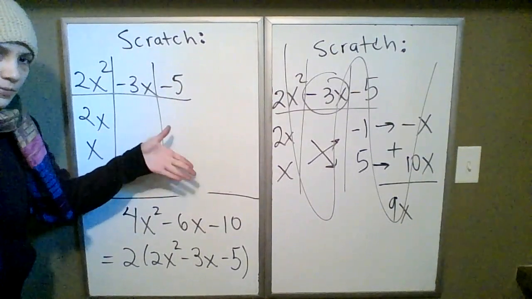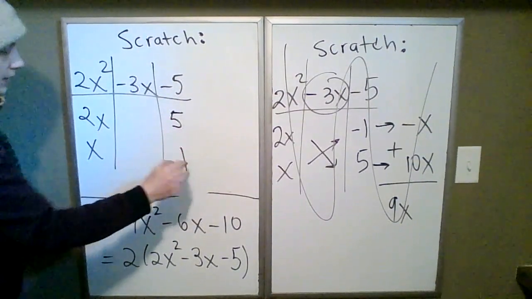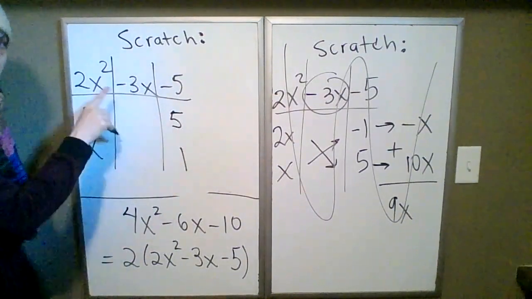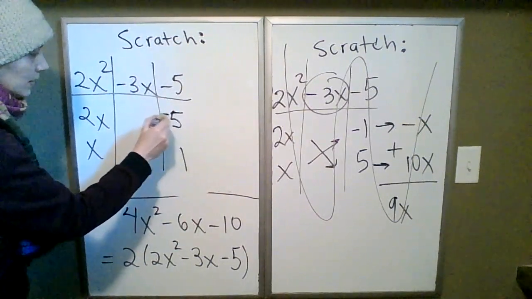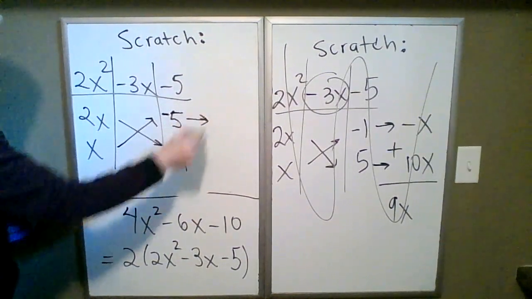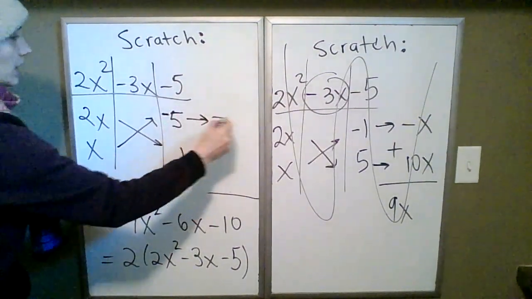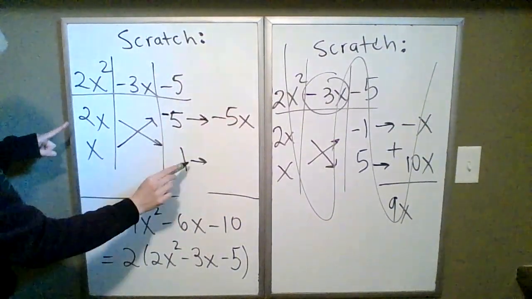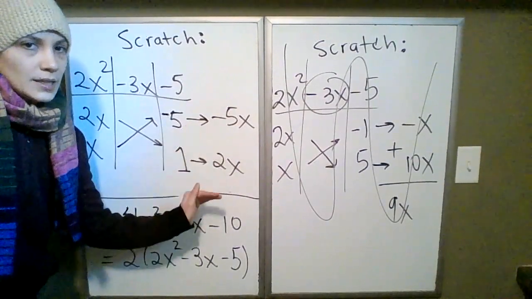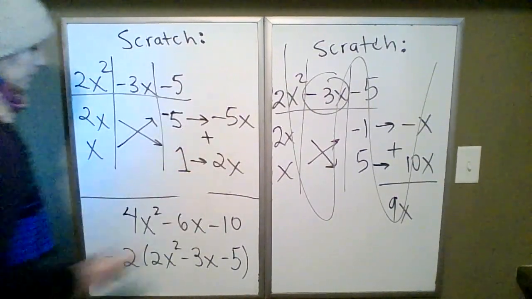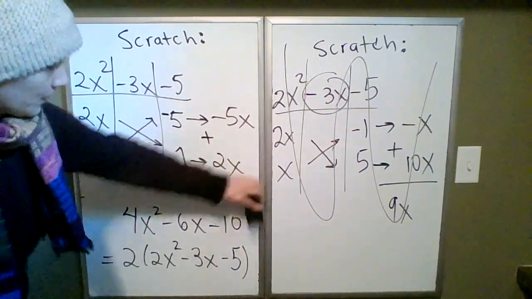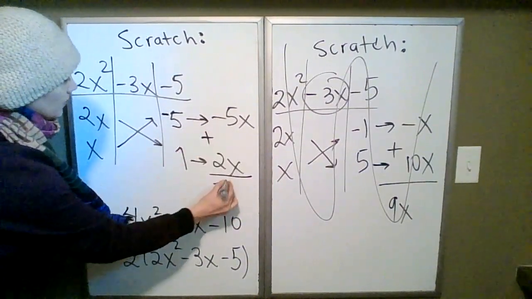And this time we'll try 5 and 1. Add a -5 with a -5x and the positive 2x. I could get that -3x. So again, you add these sides together. And it's -3x.